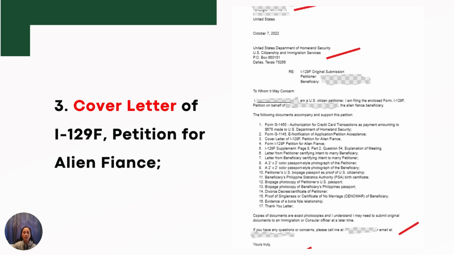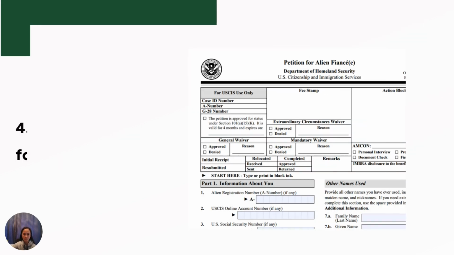From the top, you have to provide the petitioner's full name and the address in the United States, then put a date, address it to USCIS, and then list the checklist of requirements from 1 to 15. Everything is exact photocopies, okay? You do not need to submit an original copy of your supporting documents.